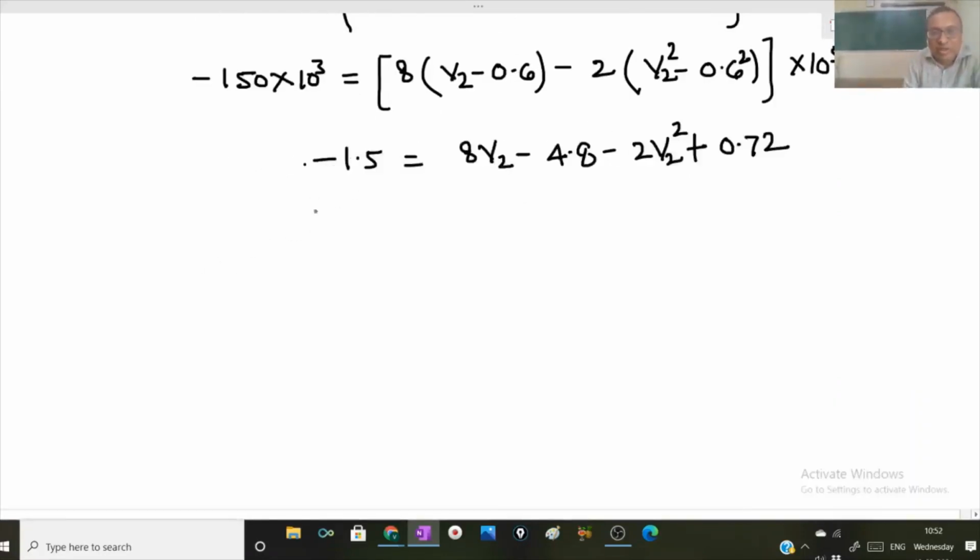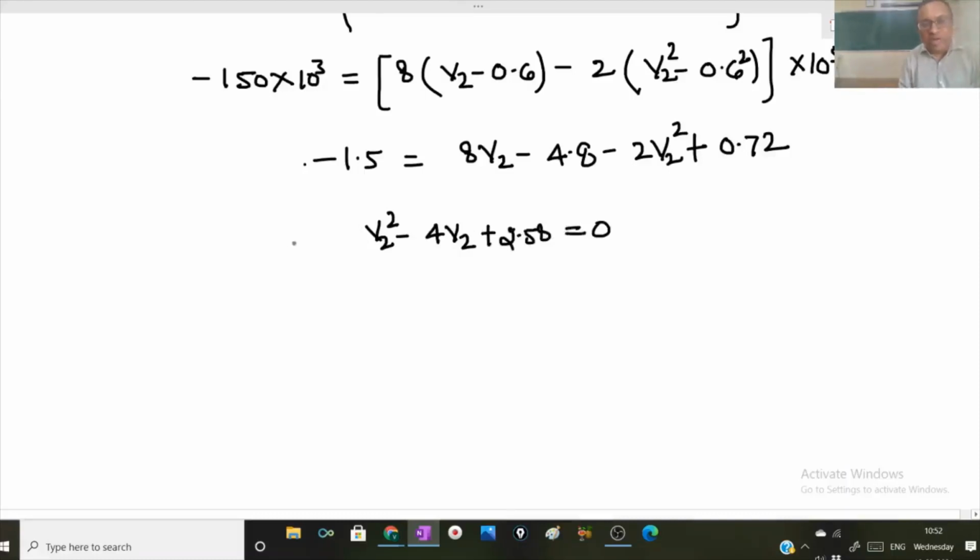So after simplifying, I am writing the final equation, V2 square minus 4V2 plus 2.58 is equal to 0.